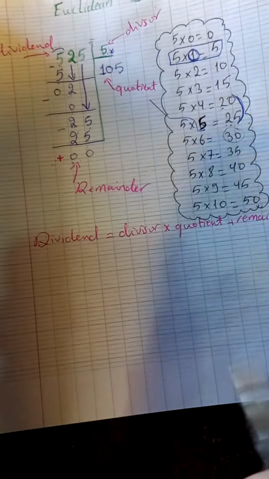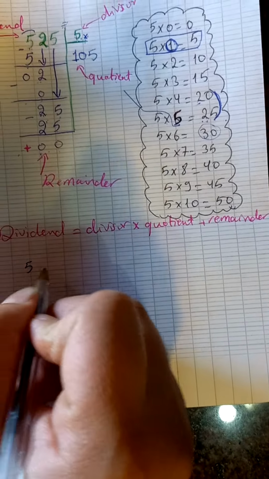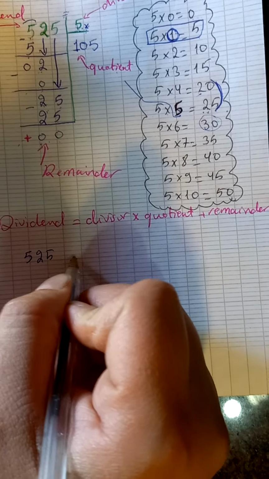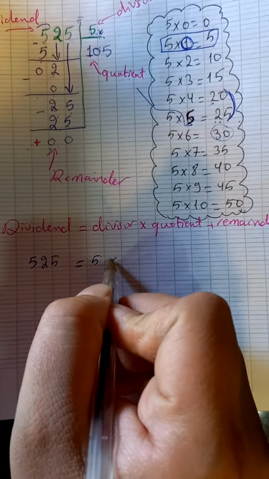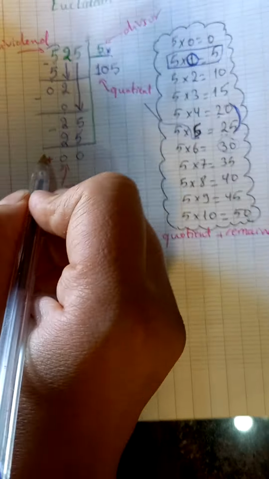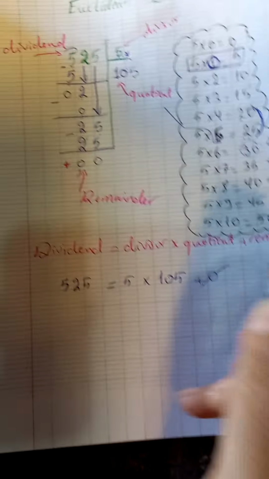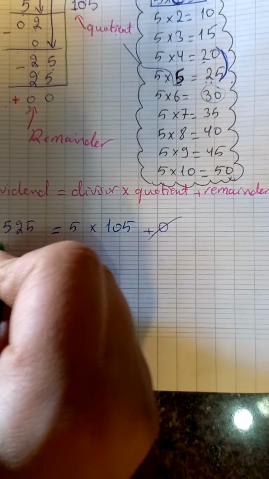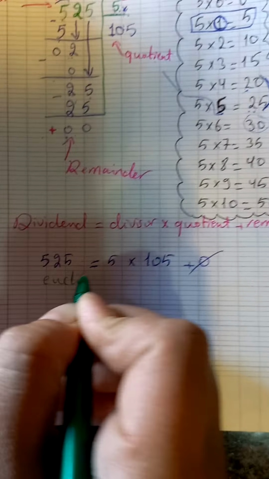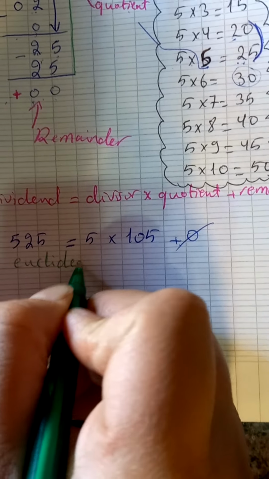I will put now the numbers: 525 equals 5 times 105 plus 0. I can cancel it. This is the Euclidean equation.